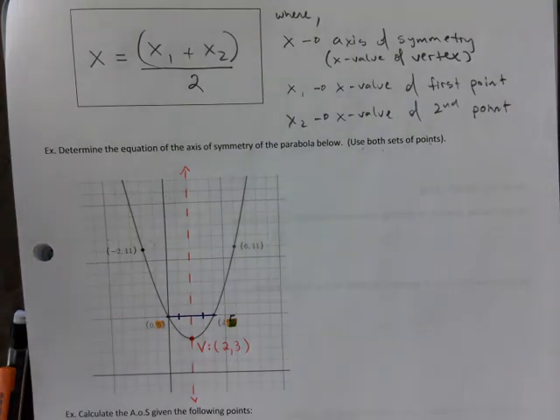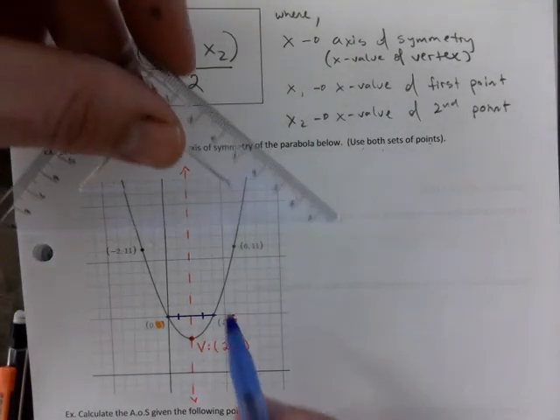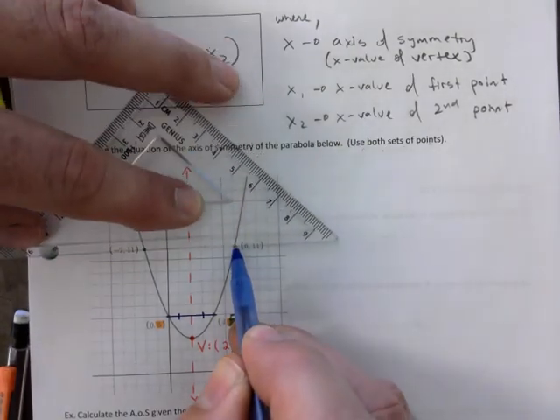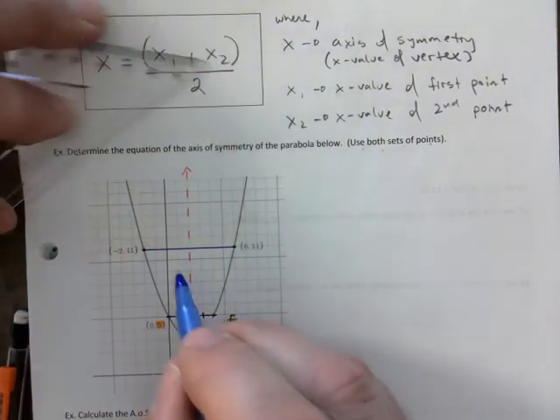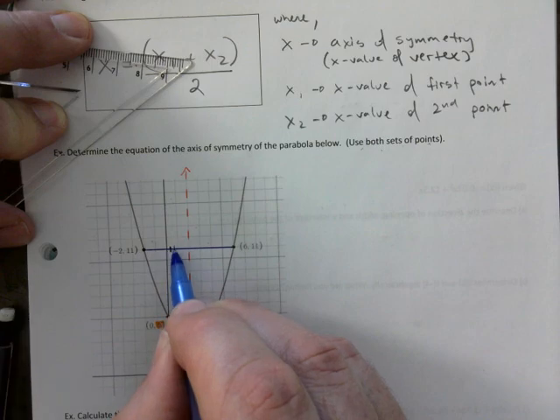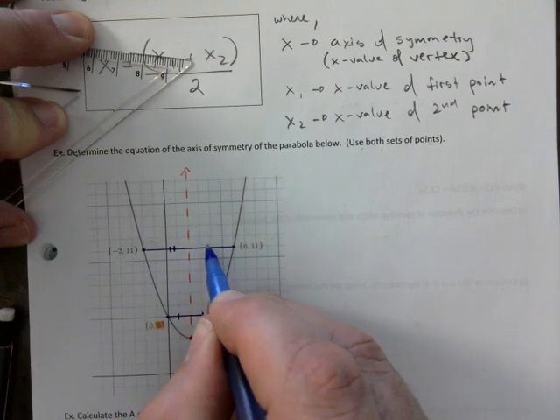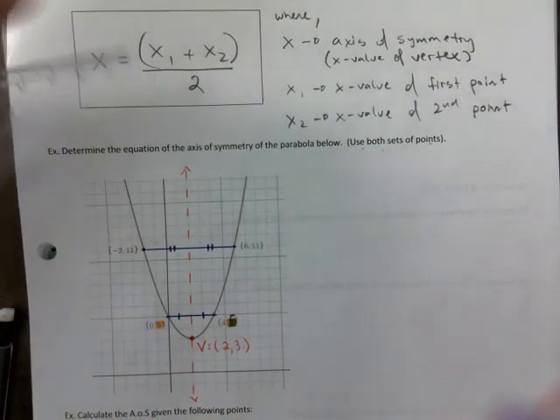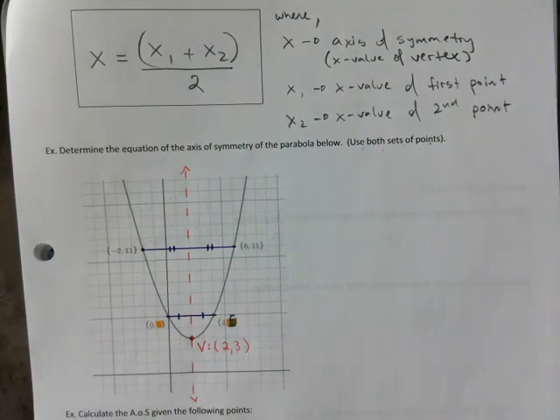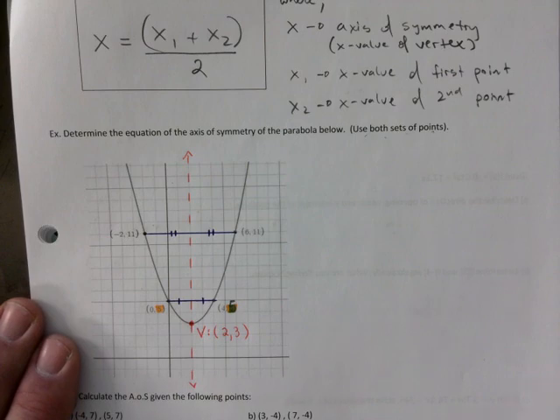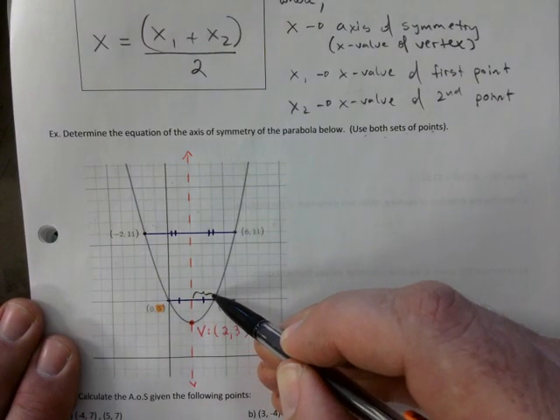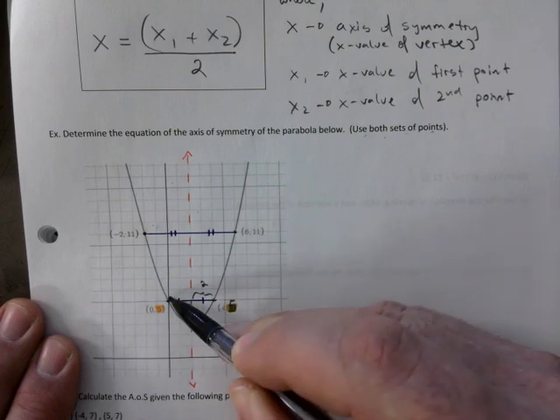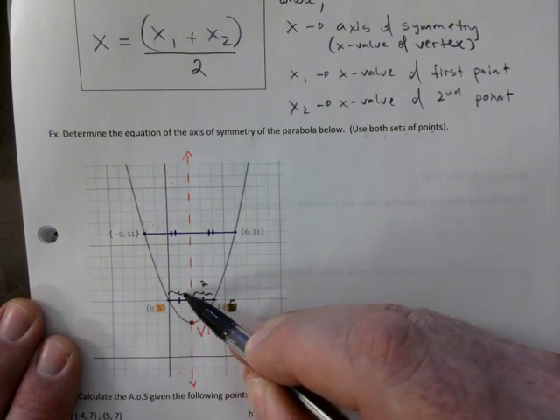Same with those two up here. I just chose 2 points up here. That distance is the same as the distance here. In this case, we had 2 units, and so it's also 2 on this side.